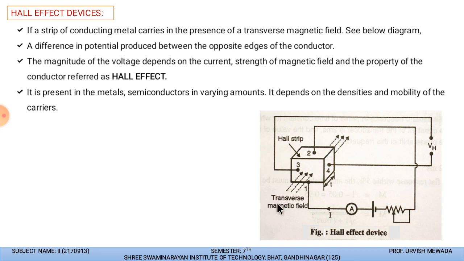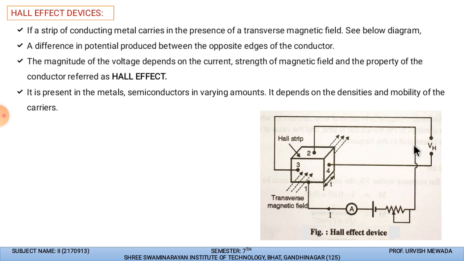Whenever we place such a material in the magnetic field, then due to the Hall effect, on the perpendicular sides of this transverse magnetic field, at these two points we get separation of the charges. Due to the Hall effect, the charges get separated, and positive and negative charges appear on opposite sides, perpendicular to the applied magnetic field.